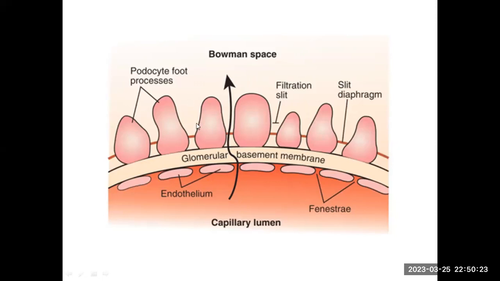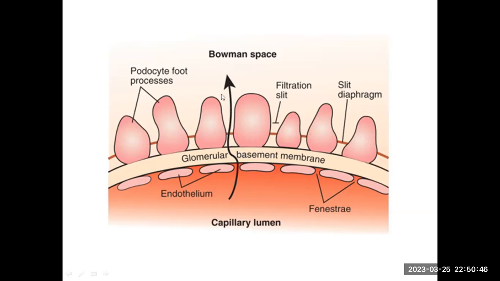But what normally, physiologically, prevents albumin from passing into the urine is the charge barrier, not the size barrier. If you lose the charge barrier due to any pathological reason, albumin will start leaking into the urine in large amounts, because albumin has no problem with the size barrier. It has just the right size to cross the glomerular filtration membrane.